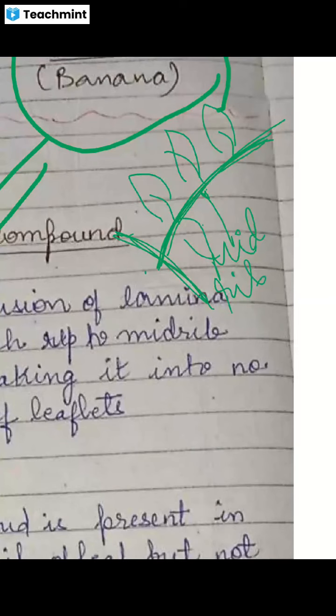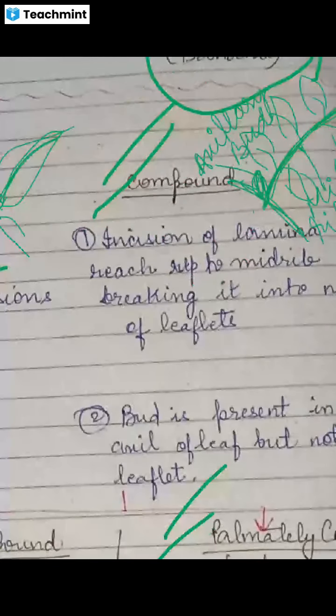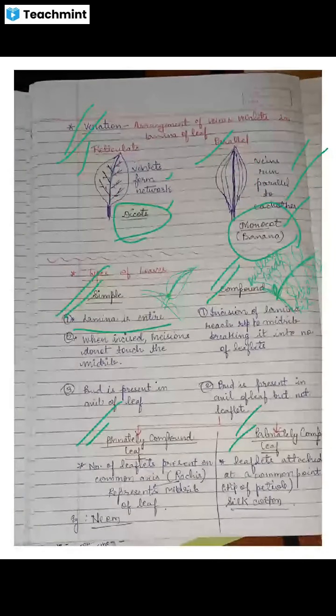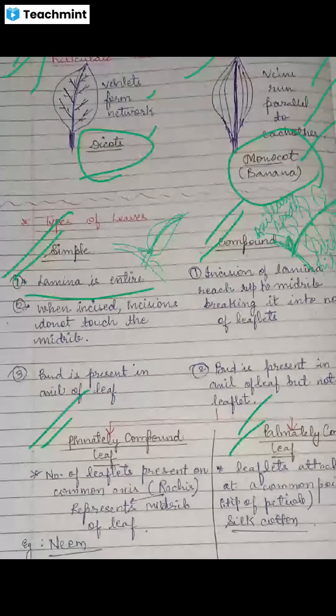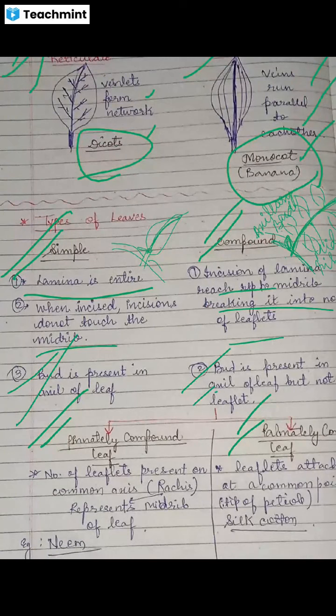And you know where the axillary bud is? Here. Here will be the axillary bud. Now, in the simple leaf the incisions do not touch the midrib. Here, when the incision is made, it touches the midrib, breaking it into a number of leaflets. Buds are present at the axil. Here also the bud is present at the axil of the leaf, but not at the leaflets.